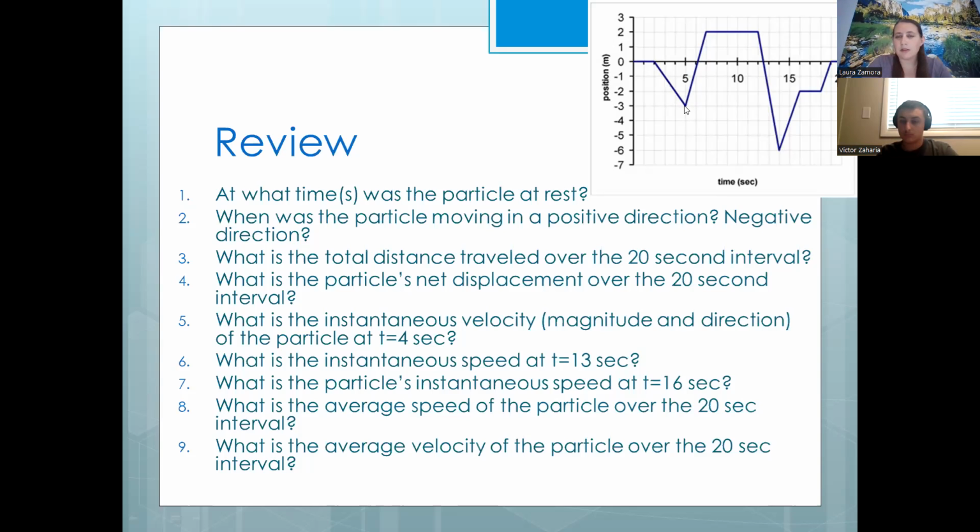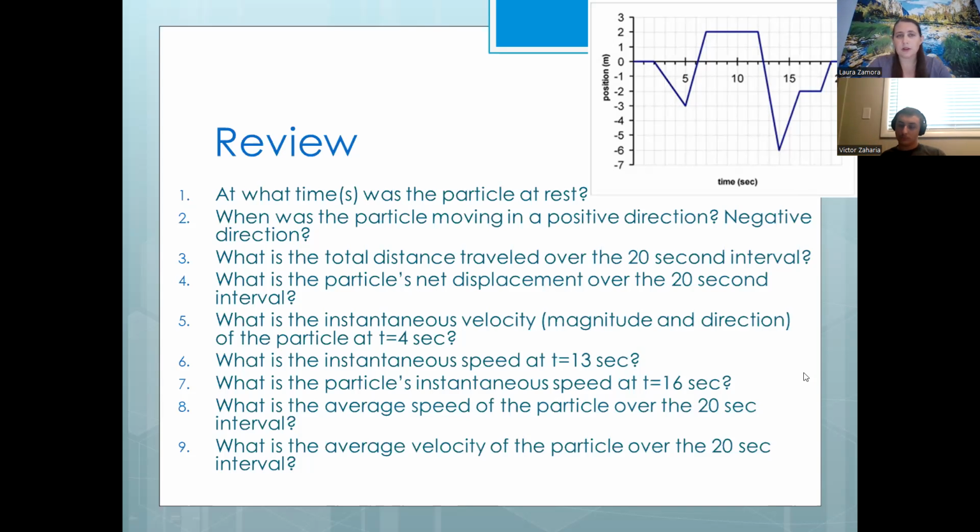Now, we can't really take a slope of a point on a graph, but just thinking through conceptually what would be happening there, we would have an instantaneous velocity of 0. That's a great question.